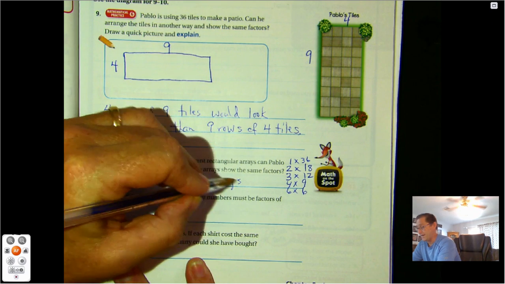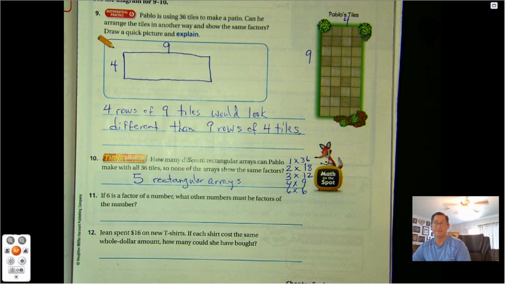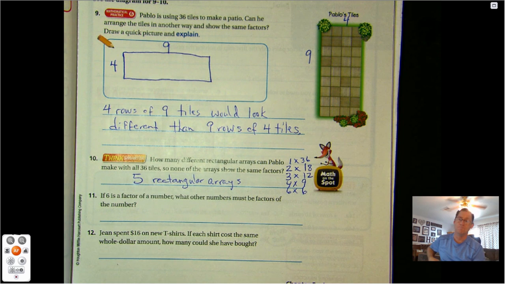If 6 is a factor of a number, what other numbers must be factors of that number? So let's think about that, right?